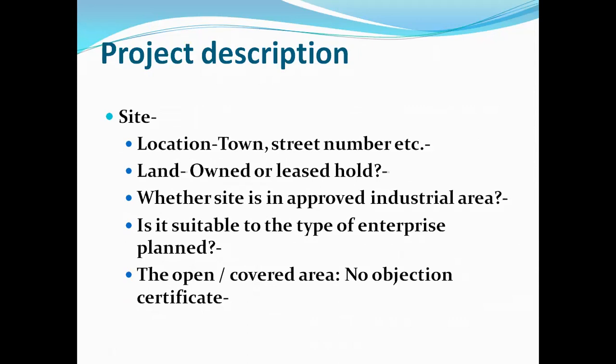You will see, or if you wanted to build your home, then it is a must to have NA land, non-agriculture land. Getting, some industrial zones are there, green zones are there, government approved zones. Getting, so this area is either approved industrial area or not. Then it should be suitable to the type of enterprise planned.